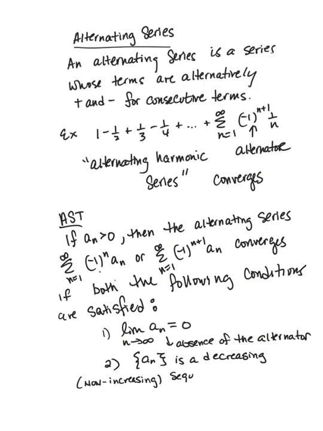That is, a sub n plus 1 is less than or equal to a sub n. So that means that the terms are decreasing in magnitude. That's what this means. Terms are decreasing in magnitude. So that means they're absolute values.